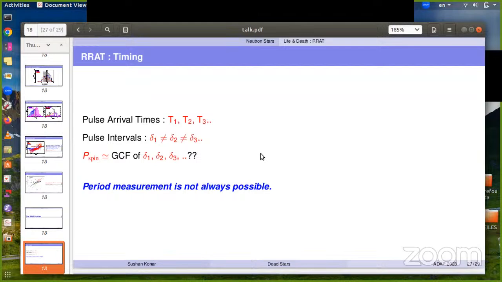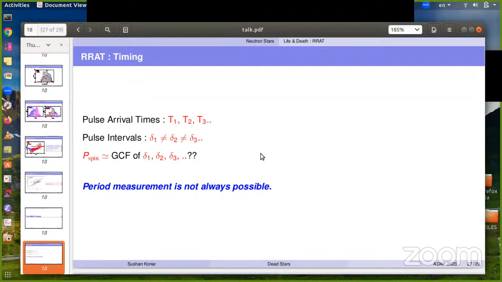How do I get a measure of the period? I say the real spin period must be the greatest common factor of all these deltas, right? Let us say that the pulsar has a spin period of 5 seconds. Now every 5 seconds I'm supposed to get a pulse. Suppose 3 pulses are absent, I get a pulse after 15 seconds.